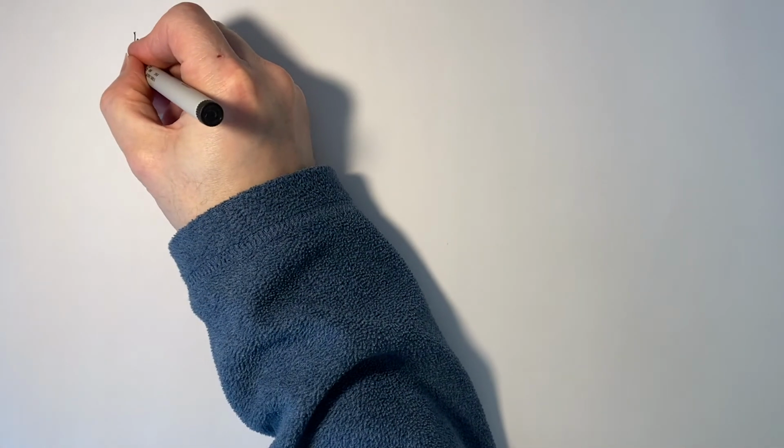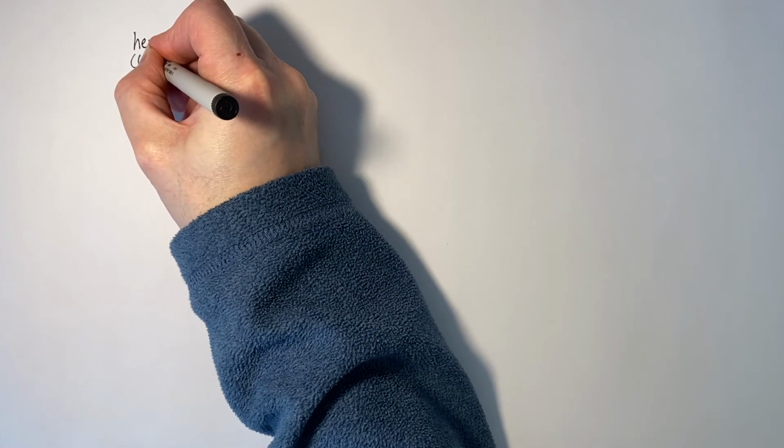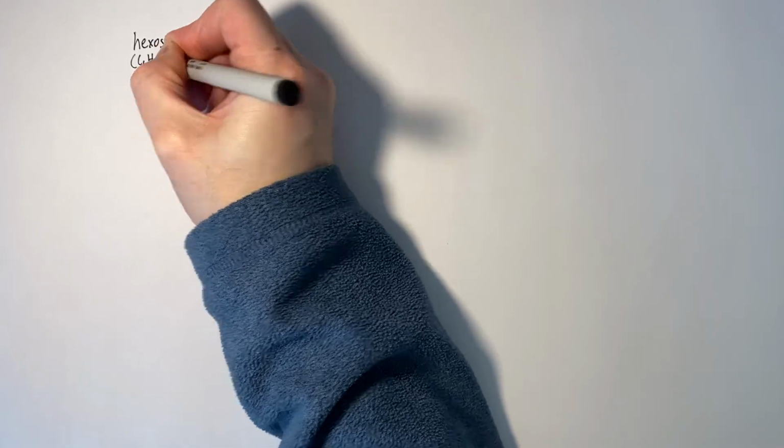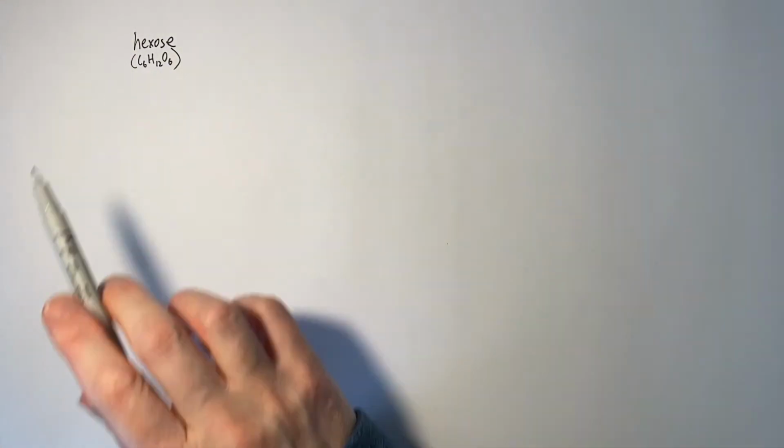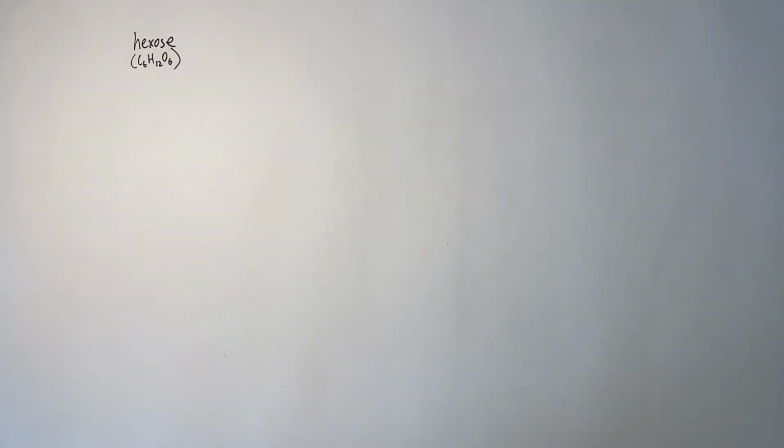And hexose, which is, if you remember, C6H12O6, could be glucose. It could be a number of different 6 carbon sugars. There's a number of them that it could be. So we generally use the term hexose to show that it isn't just glucose that could enter glycolysis.